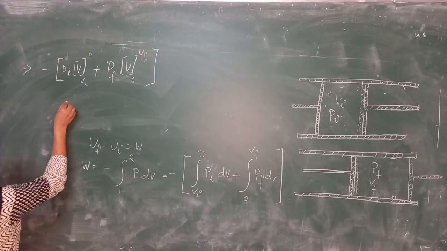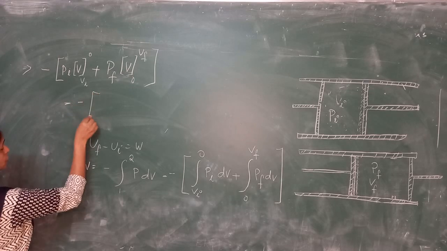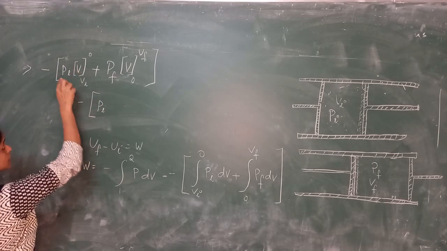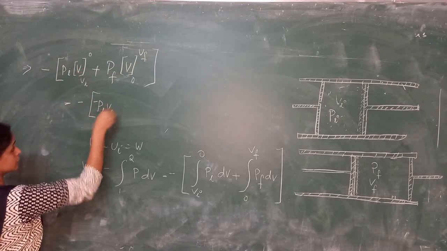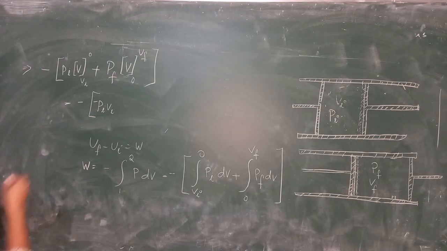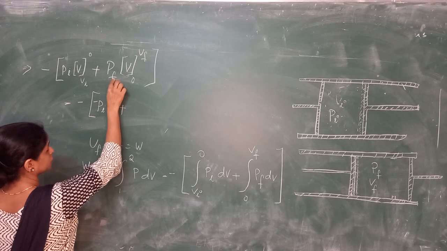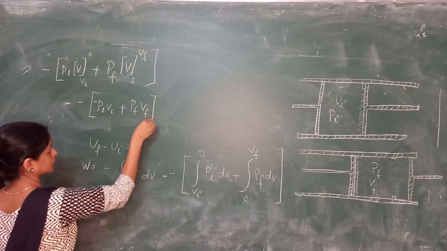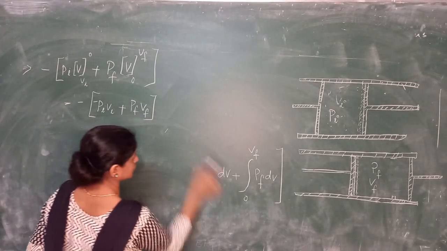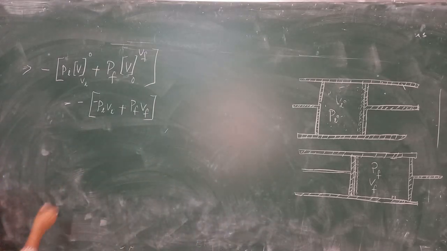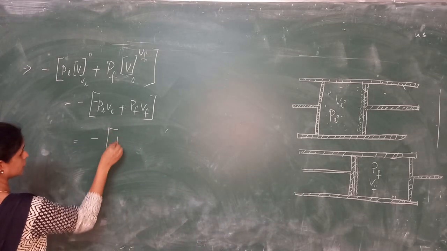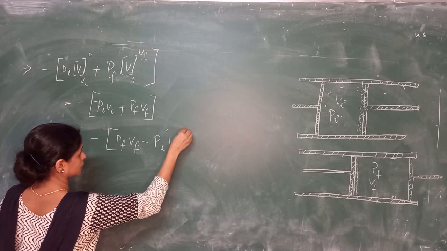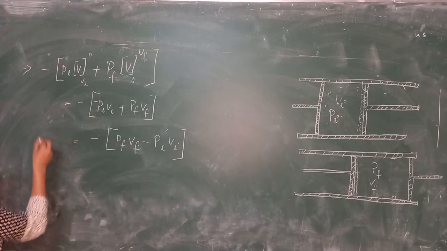Which is equal to minus of Pi into 0, minus Pi into Vi, then plus Pf into Vf. Which is equal to minus of Pf Vf minus Pi Vi. So this is W.